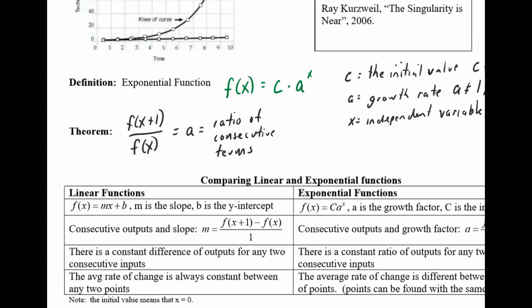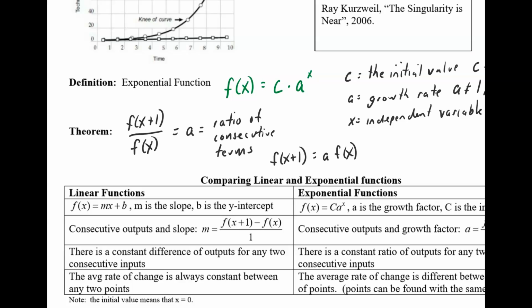So we'll say f of x plus 1, any term, is equal to a times f of x. And you can see that in the definition here, because if you just multiply both sides by f of x, that's where we get that.